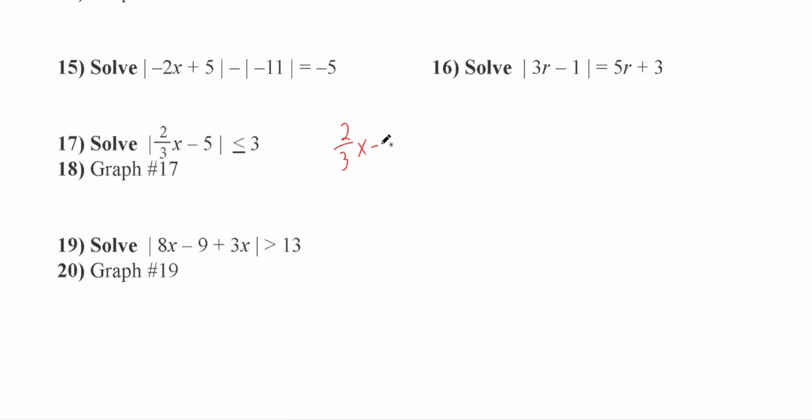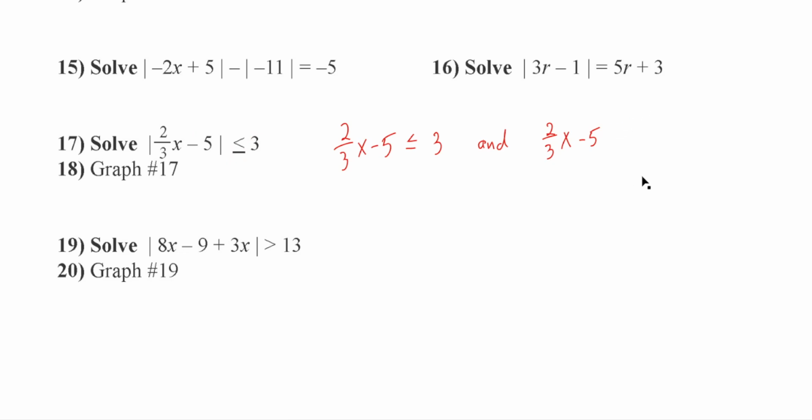So we got an absolute value again. So we just kind of do the same thing that we just talked about. Yep. So let's do it. 2/3 x minus 5 less than or equal to 3. Then, and we also write 2/3 x minus 5 less than, oh, you got to be careful though. When it's an inequality with an absolute value, okay, what do we do to this inequality?